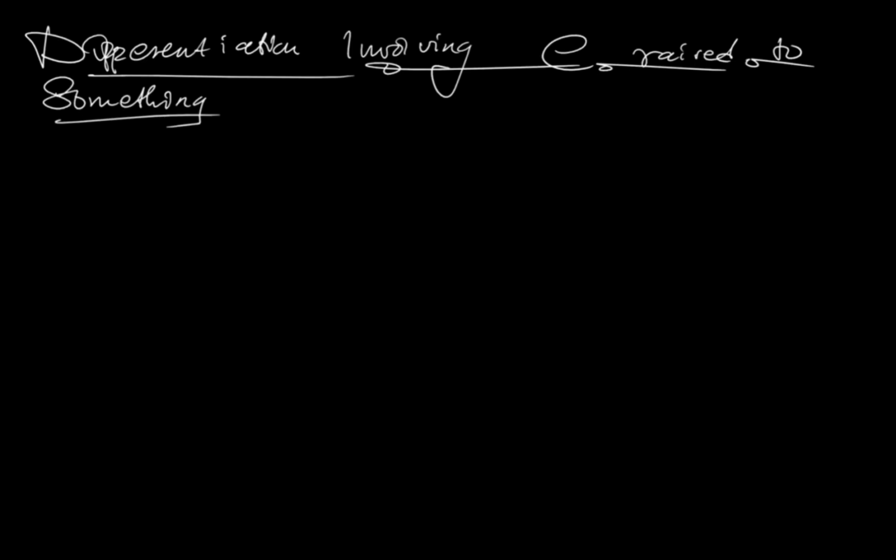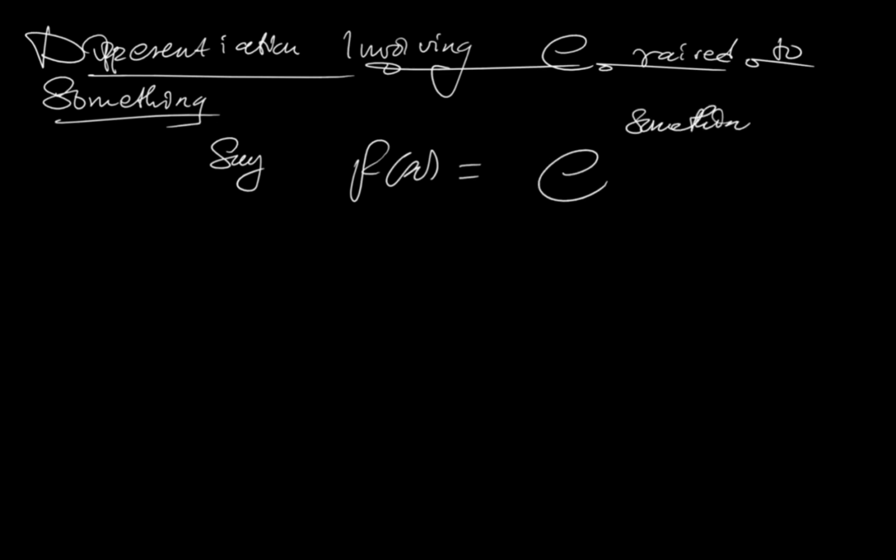All right, so this form of differentiation is quite easy to understand. Say you have a function f of x, and f of x is equal to e raised to something. To find the derivative of the function, be mindful of this and don't forget what I'll say.